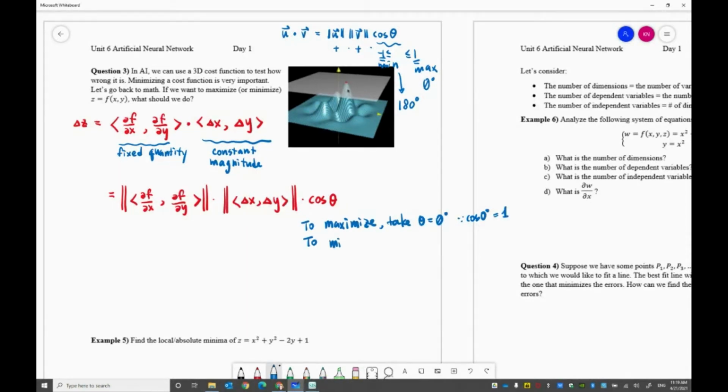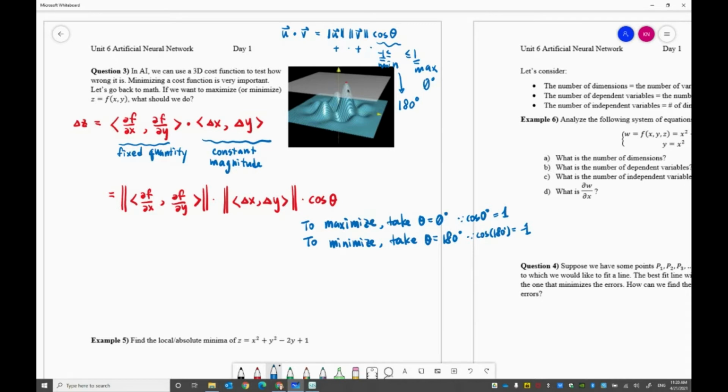Then to minimize this value, take the angle toward 180 degrees because cosine 180 degrees is the minimum value, -1. So now we know how to decide the direction.